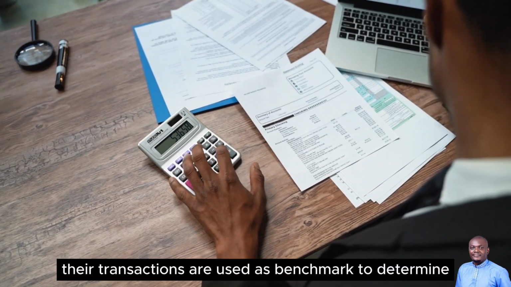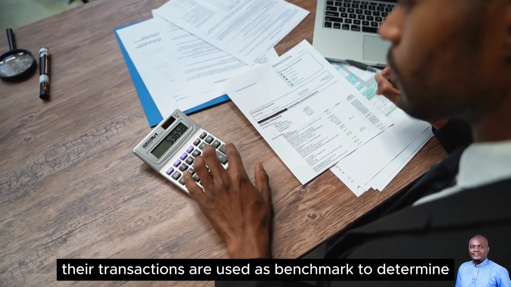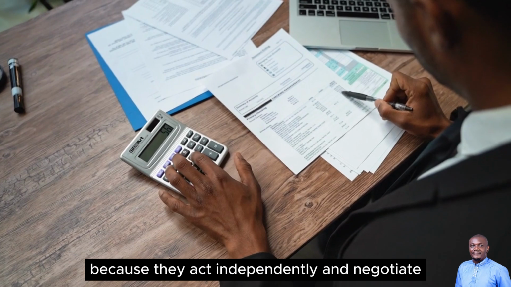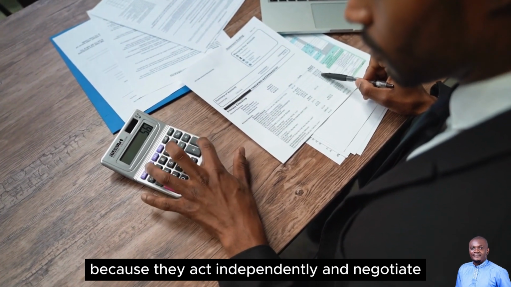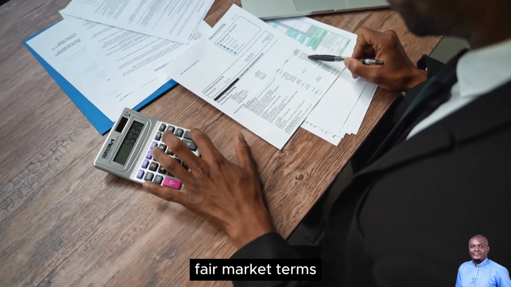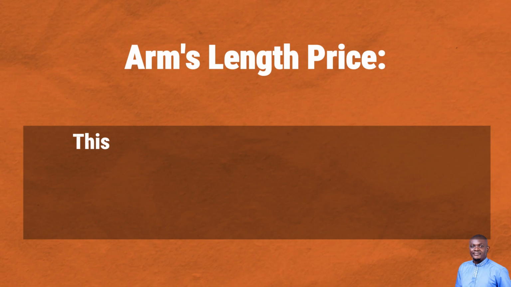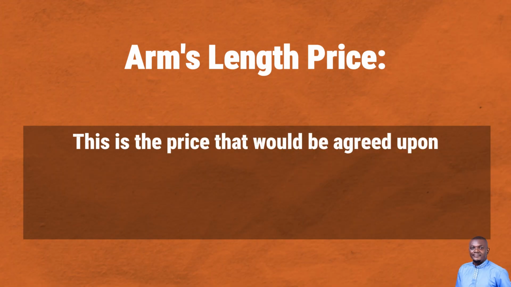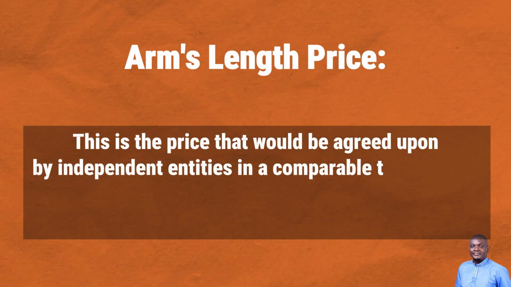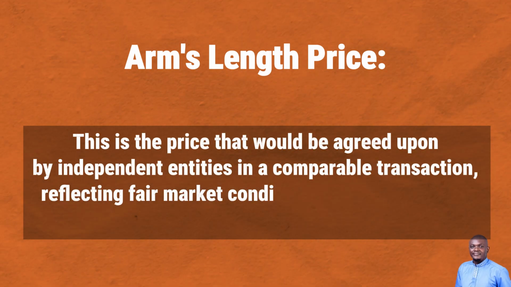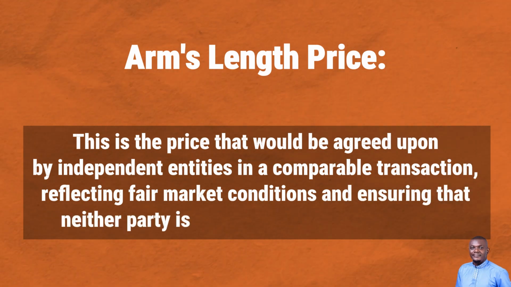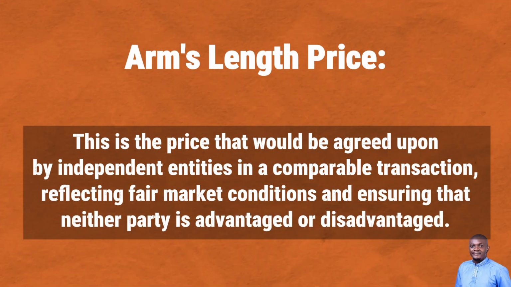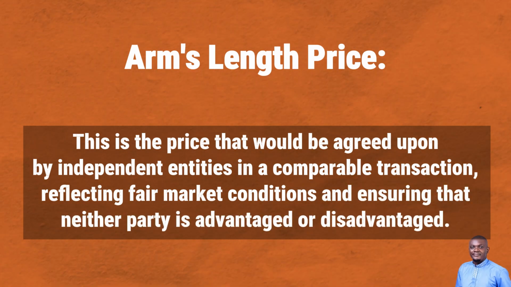Their transactions are used as benchmarks to determine arm's length prices because they act independently and negotiate fair market terms. Arm's length price. This is the price that would be agreed upon by independent entities in a comparable transaction, reflecting fair market conditions and ensuring that neither party is advantaged or disadvantaged.